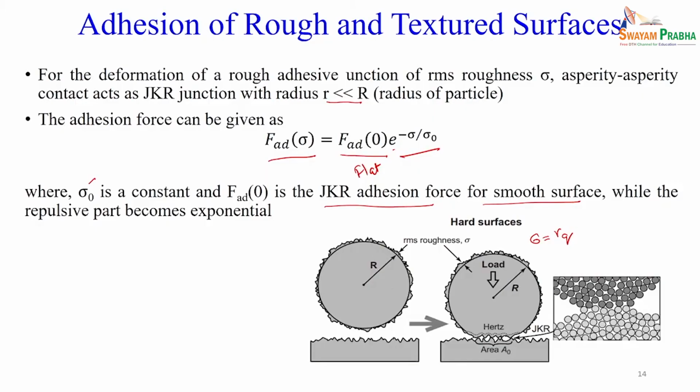And then we saw that in actual systems, whatever we consider, sphere or surface, they are not going to be smooth. They may have nano roughness or micro roughness, and we considered that the adhesion force is related to the exponential of the RMS roughness.